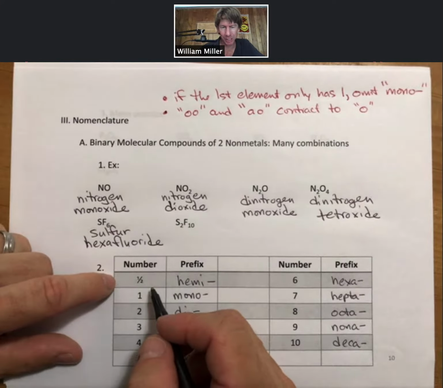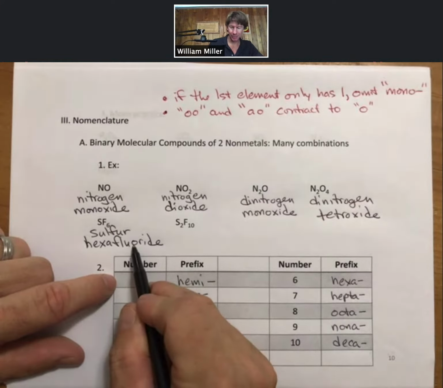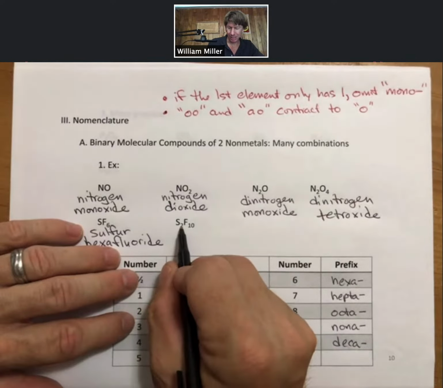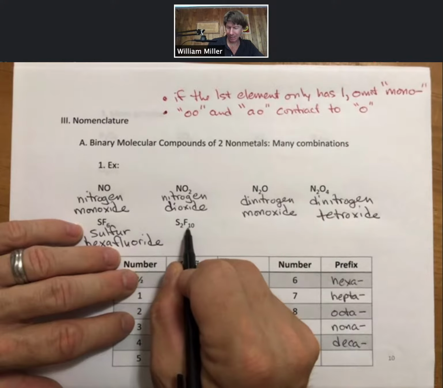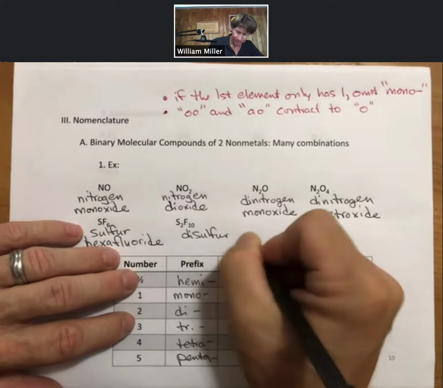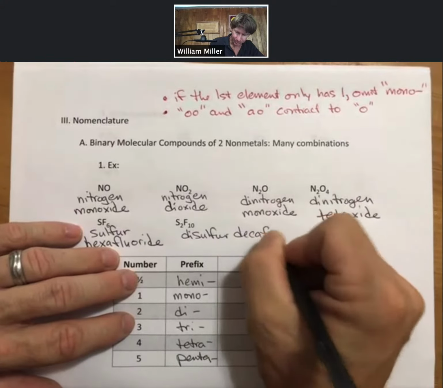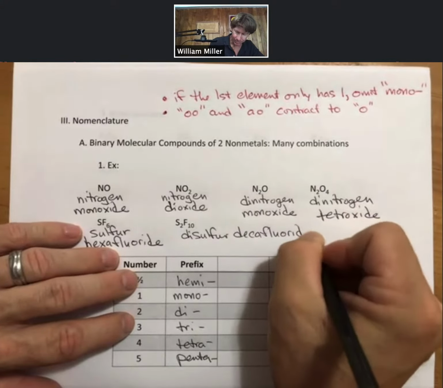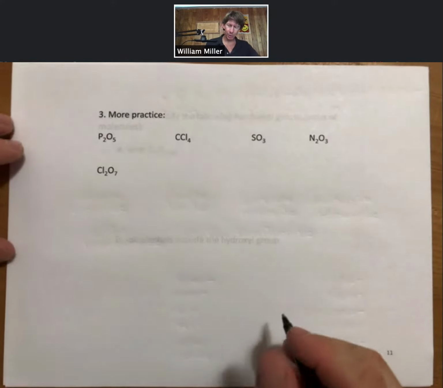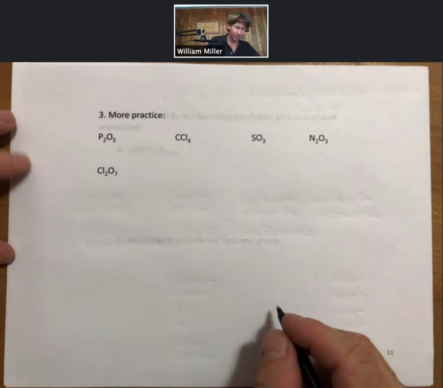Flour is what we use to bake bread. Fluoride is what we use to do chemistry. Disulfur decafluoride. Like so. More practice. We'll leave these for companion problems.